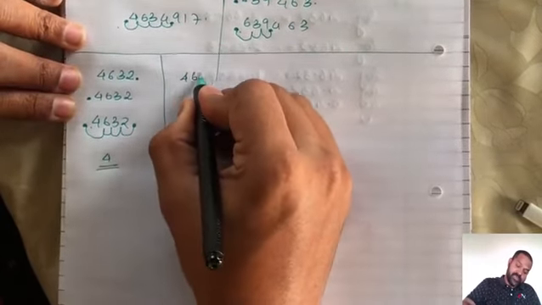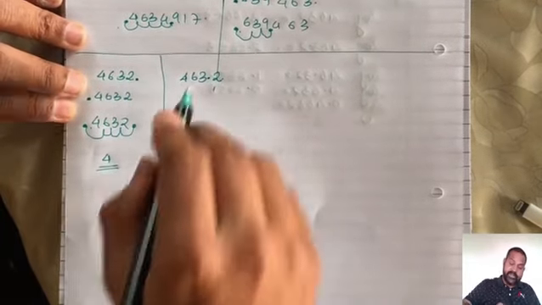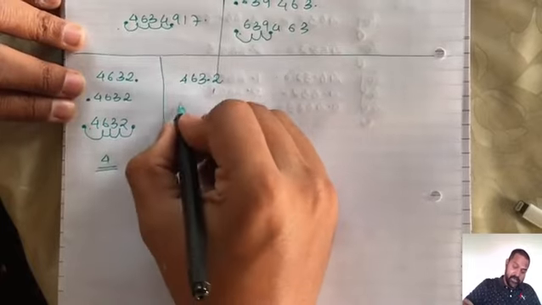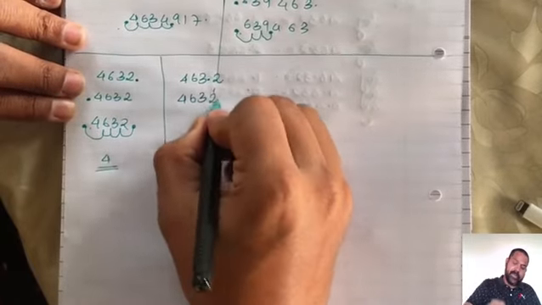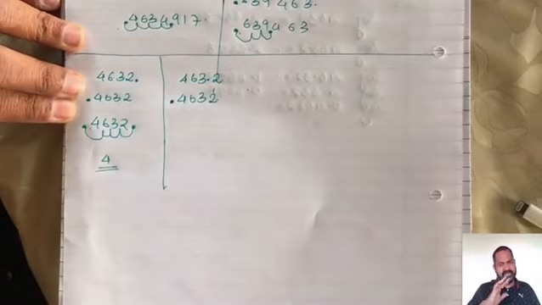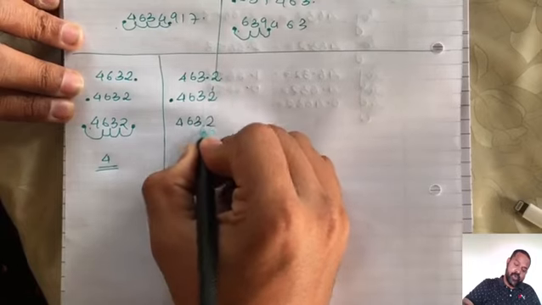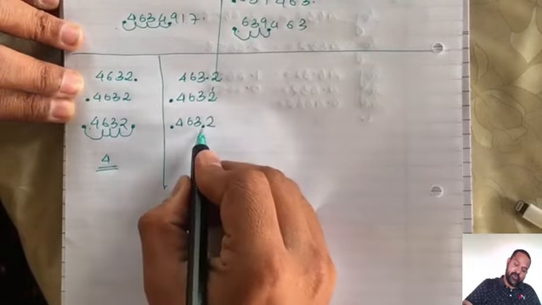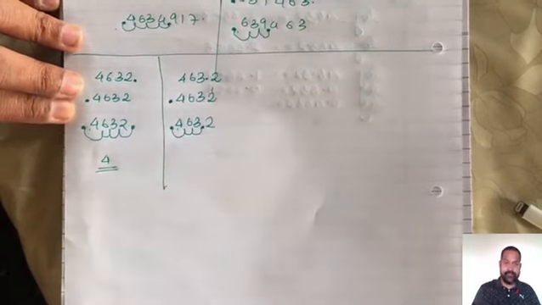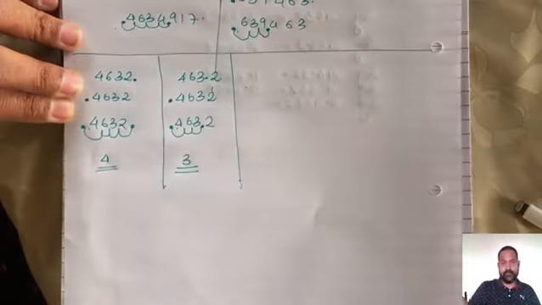Let's come to 463.2. Okay, this is where the actual decimal is. 4632 is the number without the decimal. Let's put the decimal at the leftmost, standard leftmost. And I have 4632. This is the actual, this is the leftmost. 1, 2, 3. 3 hops, so 3 places before the decimal.